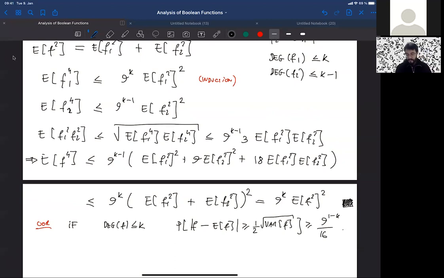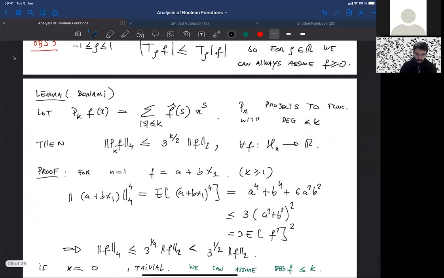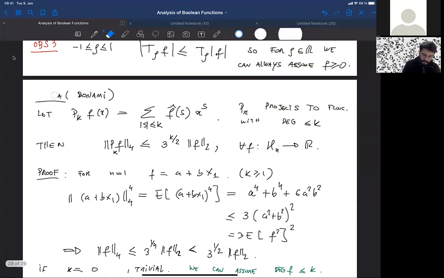So you have an explicit bound for that deviation of your function. Okay. We put this in red.